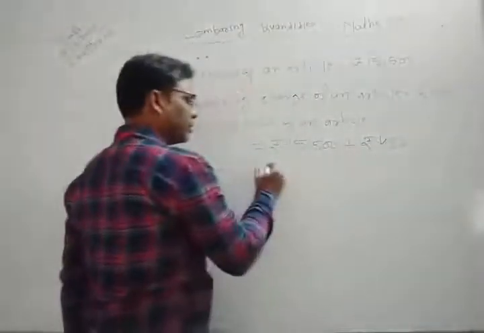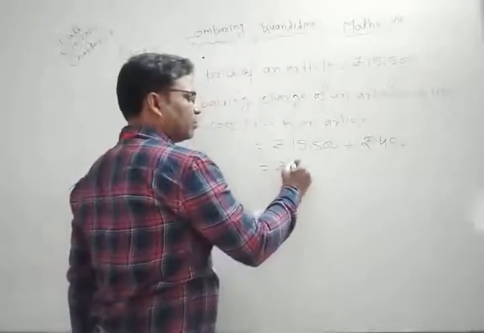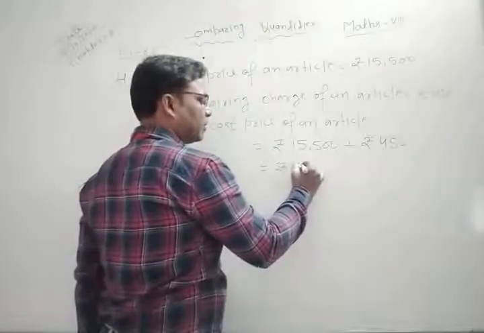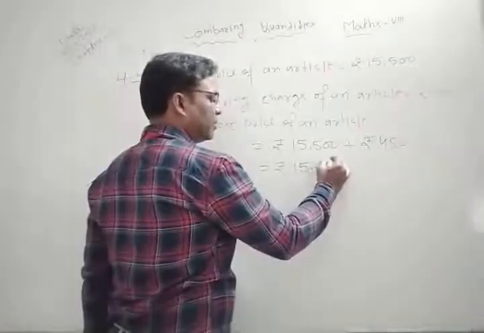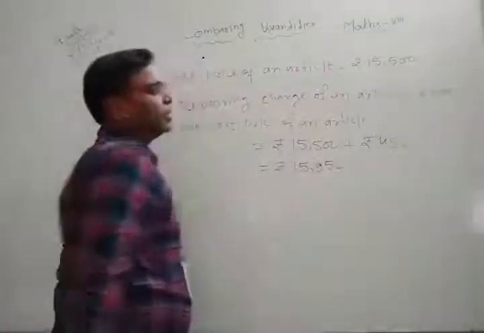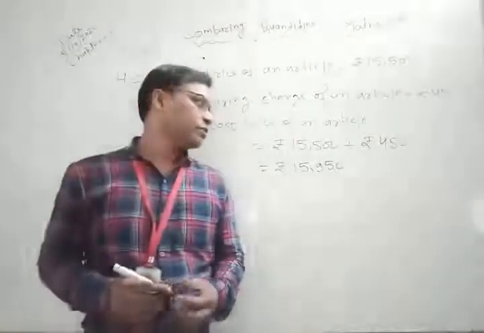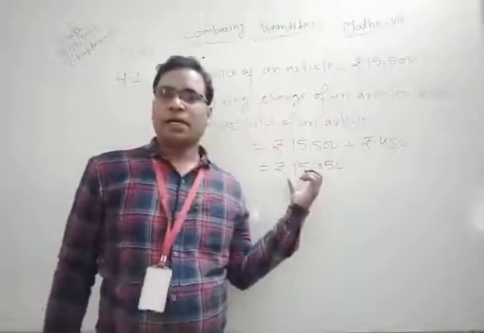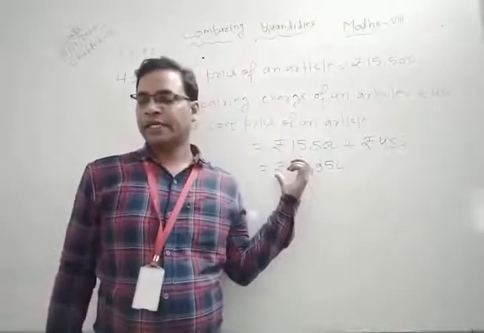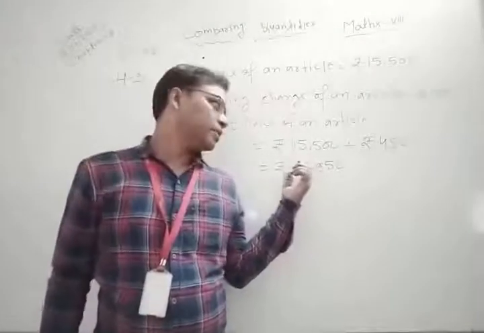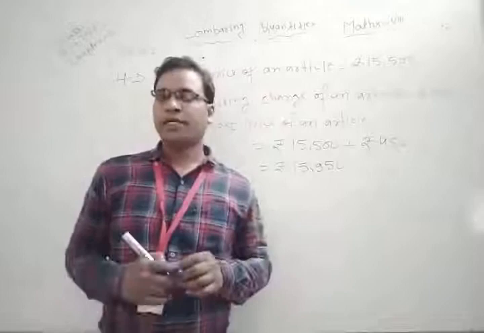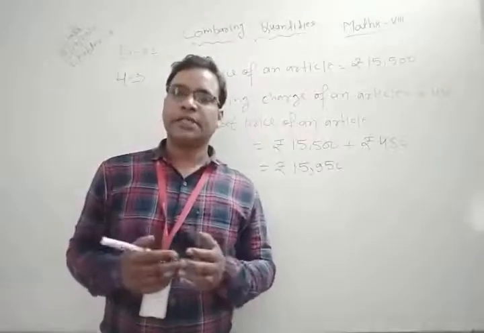So we obtain the total cost price of an article as 15,950 rupees. Okay, in this way we find the total cost price of an article is 15,950 rupees. Now we need to find the selling price.